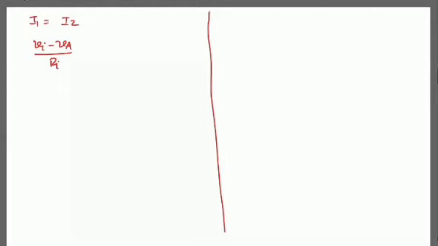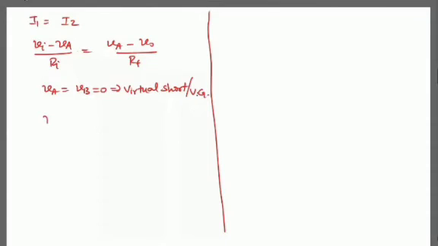And VA equals VB equals 0, just because of virtual short or virtual ground condition. So VI minus 0 over RI equals 0 minus V0 over RF.